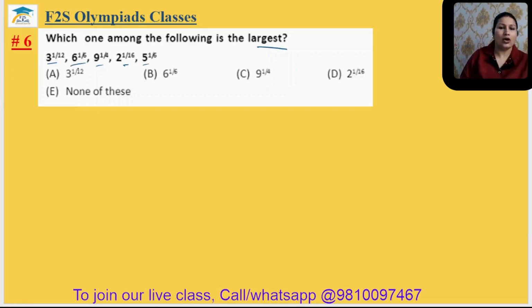So here all the exponents are in fraction terms. So we can make the fractions equivalent. Okay. So first write the exponents here only: 1 by 12, 1 by 6, 1 by 4, 1 by 16, and 1 by 6.